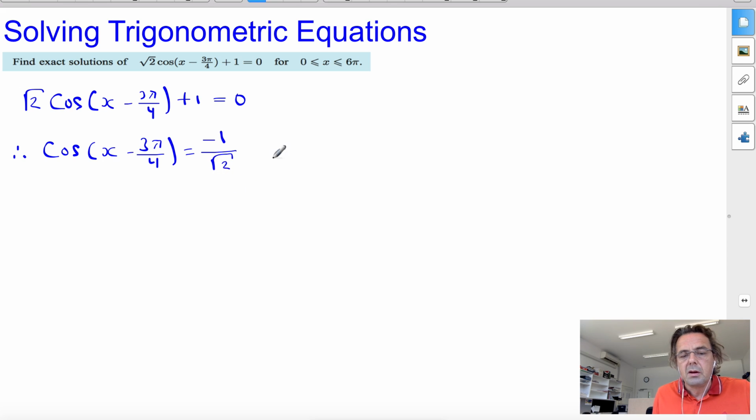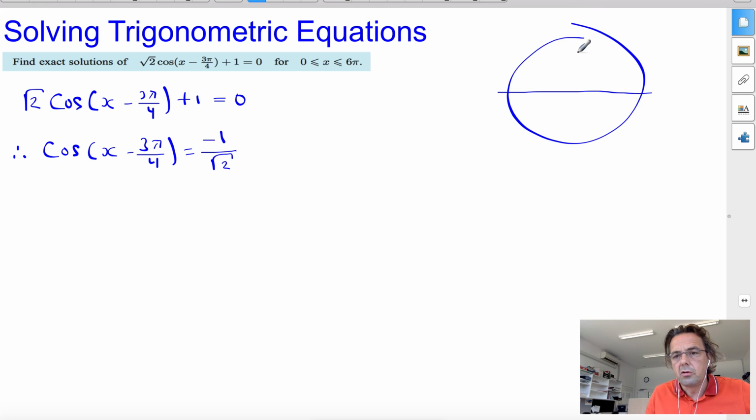That's a well-known angle as well. When is the cosine negative 1 over root 2? Let's have a look in the unit circle. Negative 1 over root 2 on the horizontal axis, because that's the cosine.